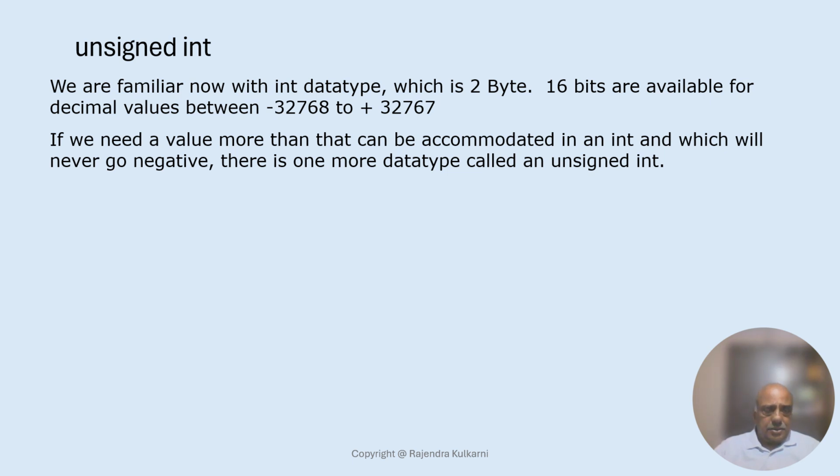When we declare an int variable or an int constant as unsigned, then the most significant bit of the 16-bit, or 2-byte, memory is not used for the sign. When it gets 2 bytes in memory, all 16 bits will be available for an unsigned int.